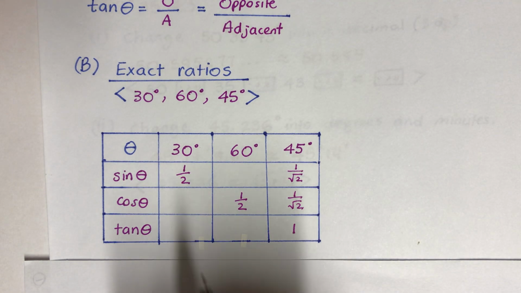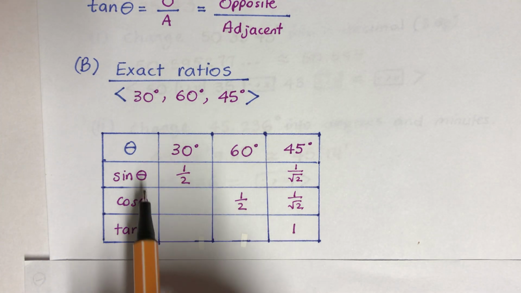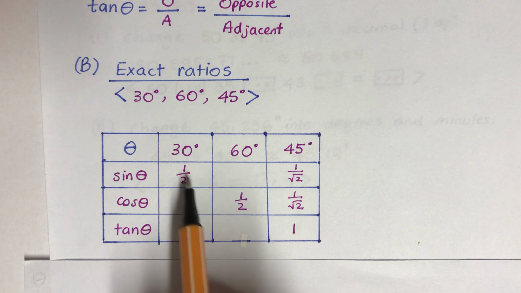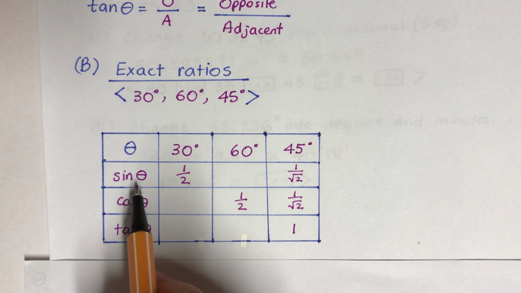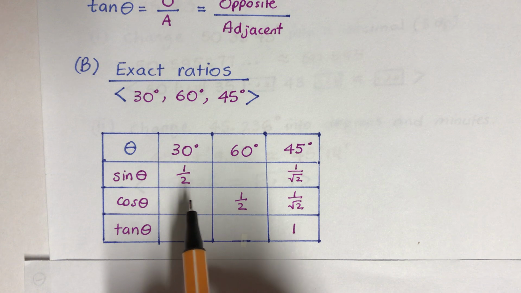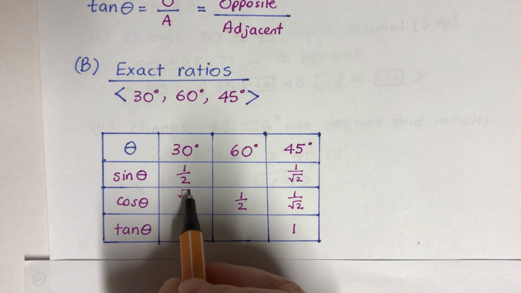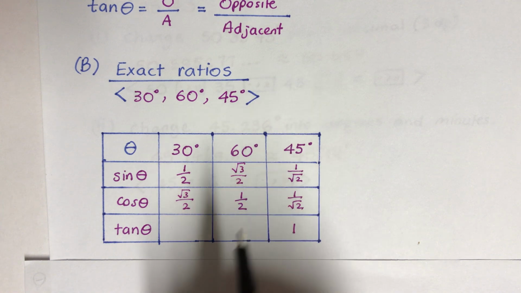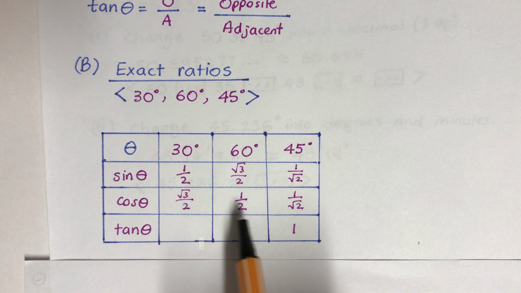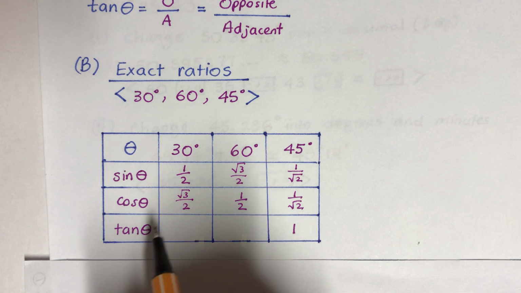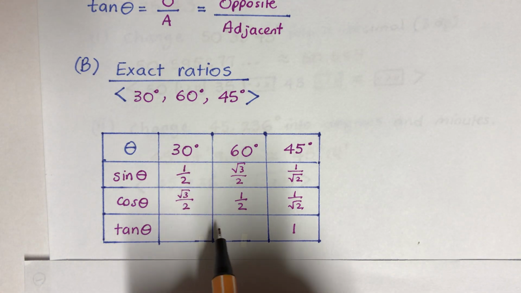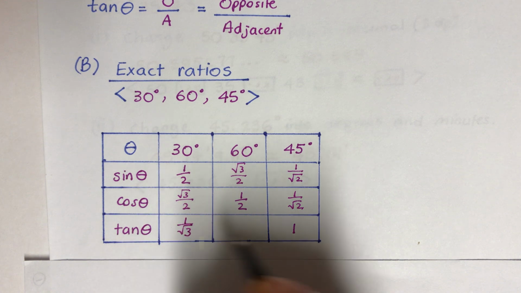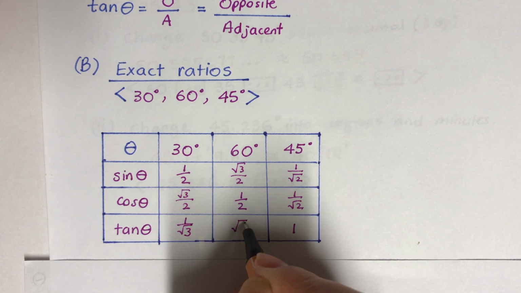Okay. Now, as you can see, the sine 30 and the cos 60 are the same, and therefore sine 60 and cos 30 will be the same. It'll be root 3 over 2, root 3 over 2. Just remember, the denominator is all 2. And tan 30 is 1 over root 3, but tan 60 is root 3.